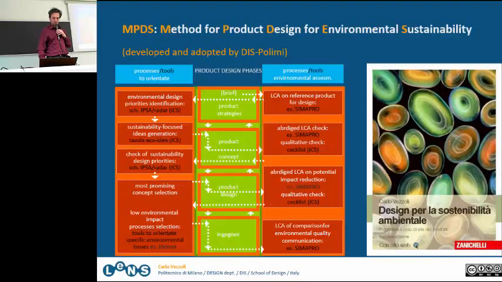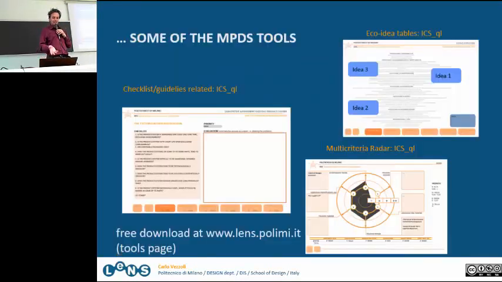So this is, I go fast over here, just to say that what we develop is a design methodology that supports the normal design processes. It's made in a modular way so that you can use different tools in different ways. And these are some tools that we developed, and some of those are in English that you can download from the platform.